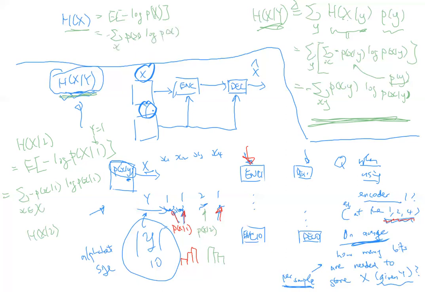And H(X|Y) is like this. Again, H(X) is just how much information of X per sample, and H(X|Y) is just how much information of X remains when Y is given.